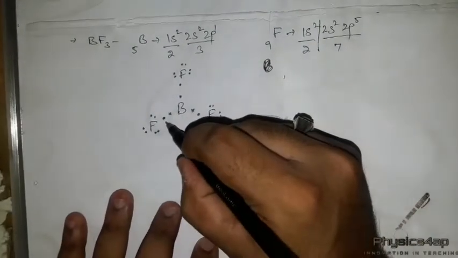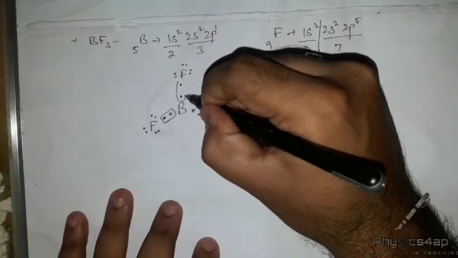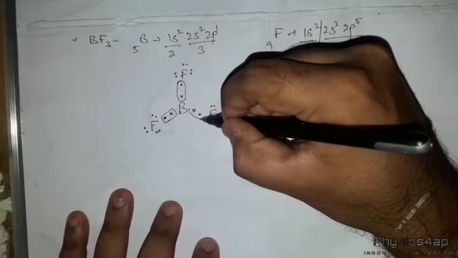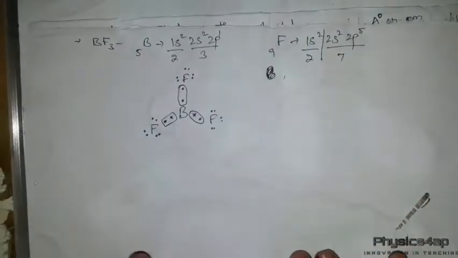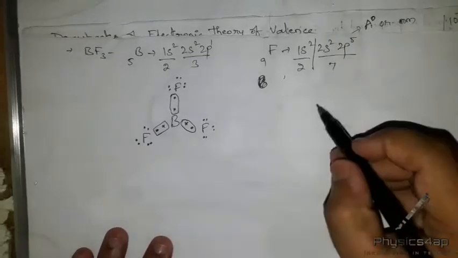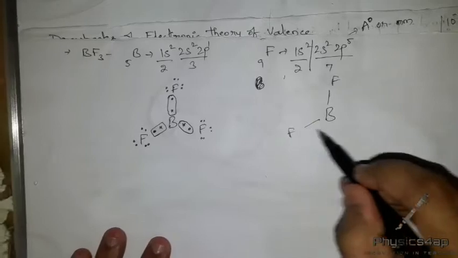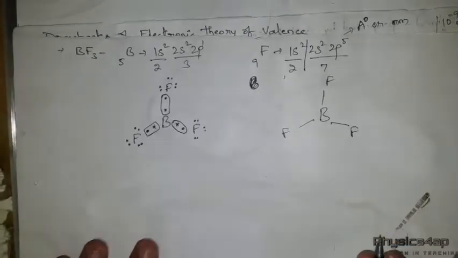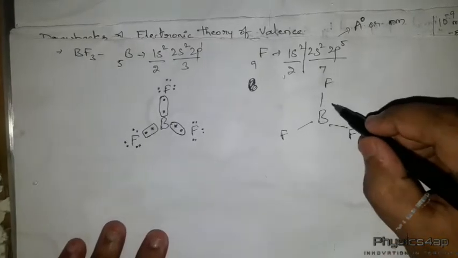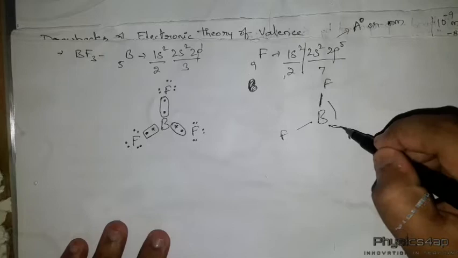Now if you see, here we have a bond pair, here a bond pair, and here a bond pair. So this is the structure for boron trifluoride, BF3. When we simplify it, here F, and here F. Coming to the angle, the bond angle is nothing but the angle between one bond pair and another bond pair.